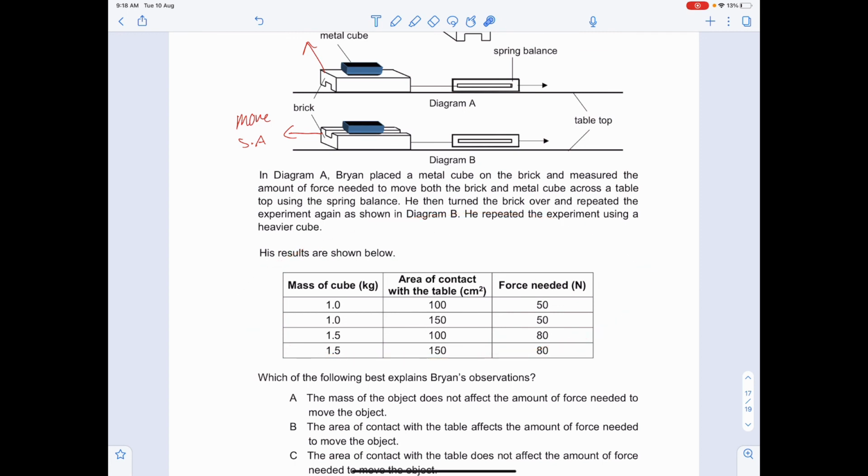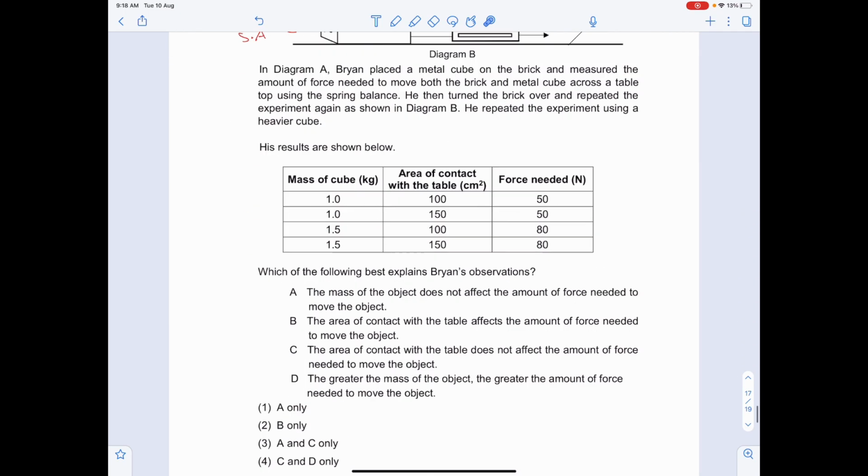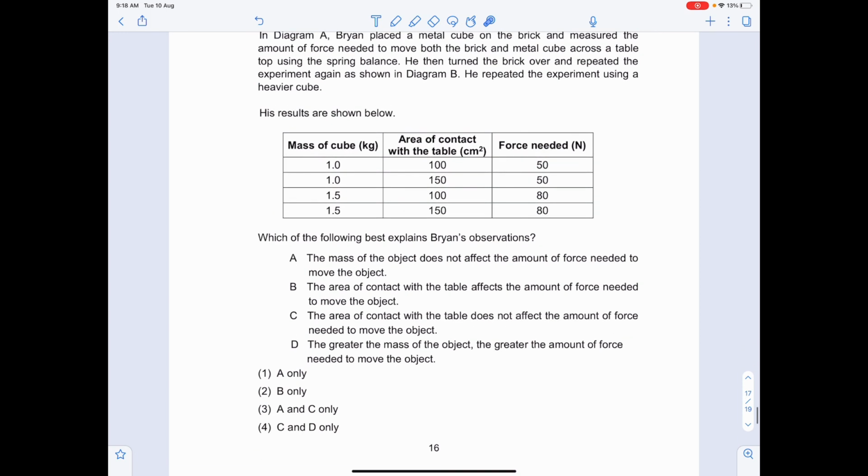So if you were to take a look at it, in this question, the area of contact with the table does not affect the amount of force needed.